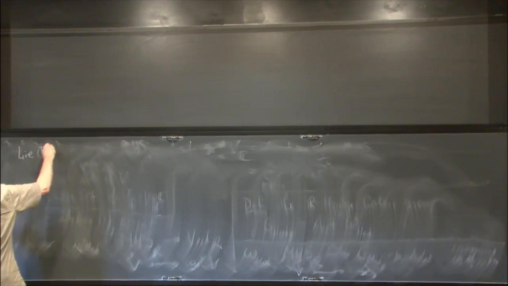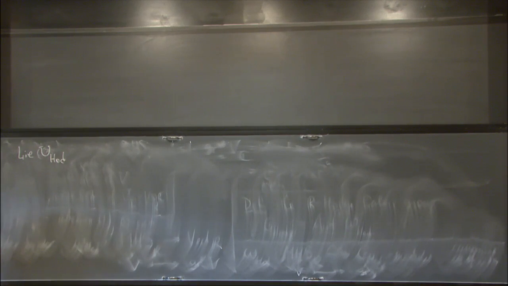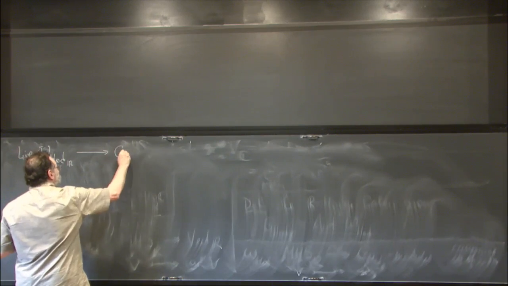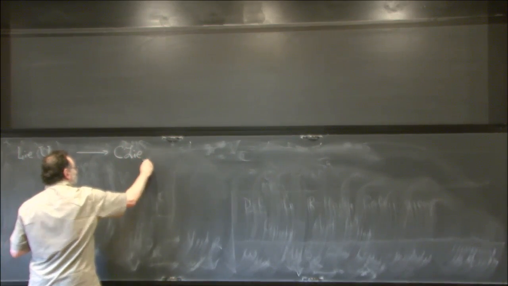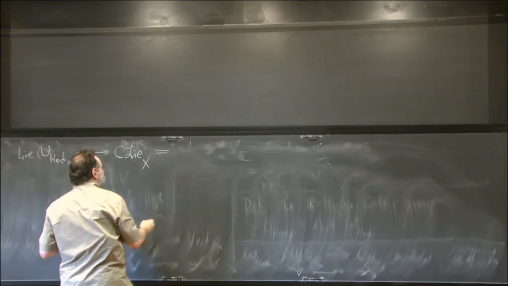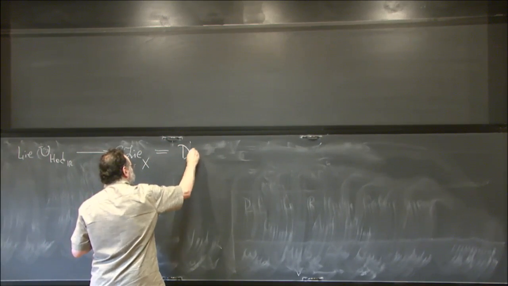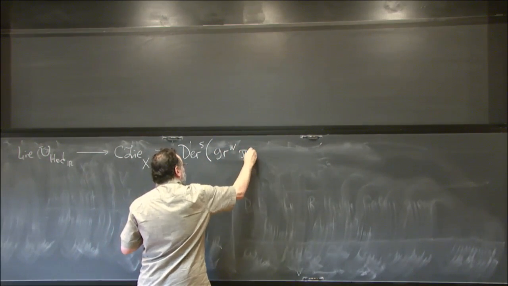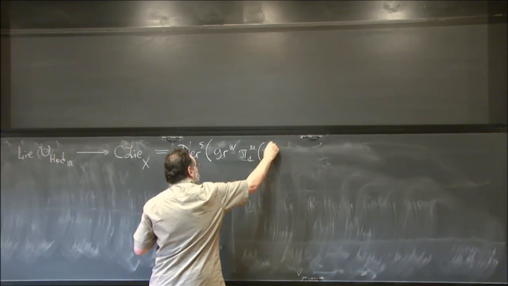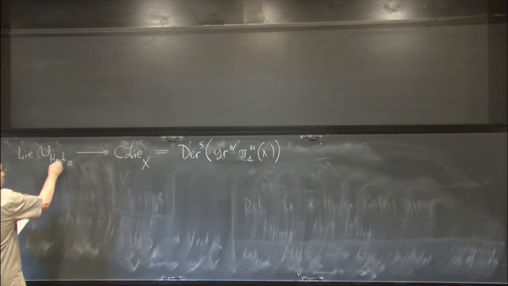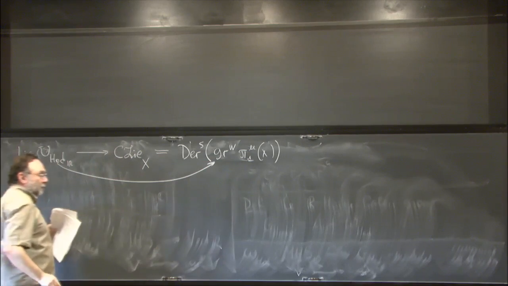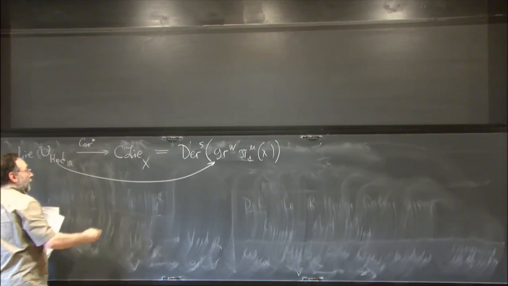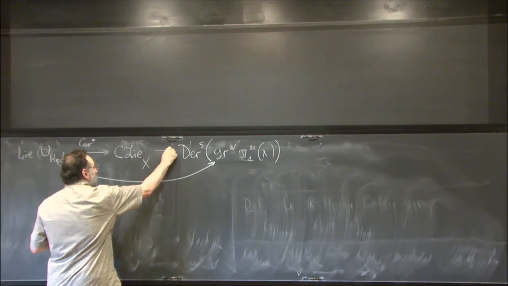I'd better write down U Hodge, which is equivariant with respect to C star cross C star. It maps to this C Lie X. But now we know that this is the same as some kind of endomorphisms, derivations with some special properties, of gr^W pi_1 M(X). Okay? So in the end of the day, we construct a map here. We construct this map by using this Hodge correlator map, dual to it, and by using this isomorphism, in particular this map kappa.